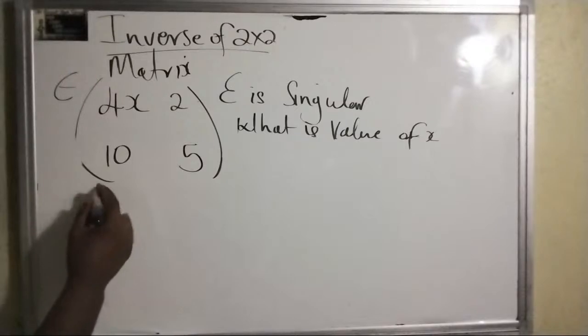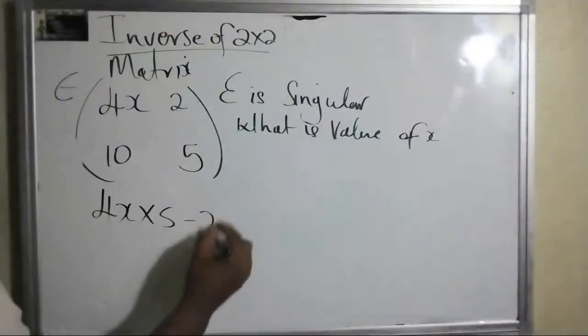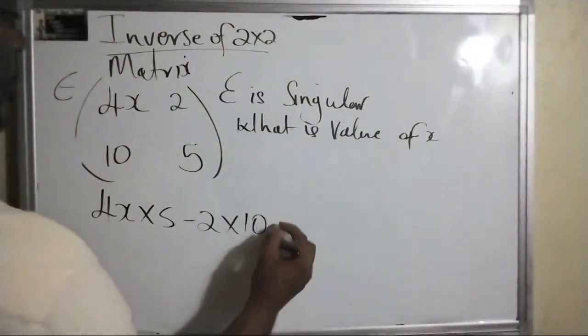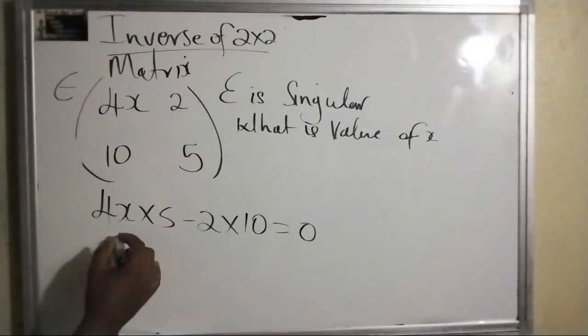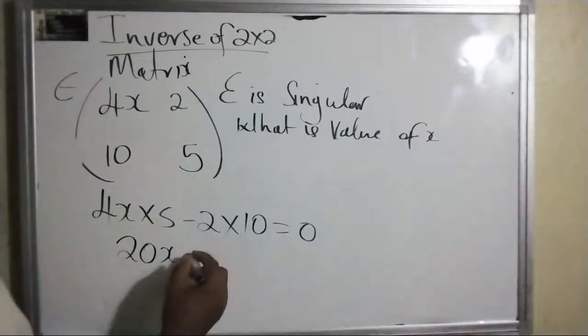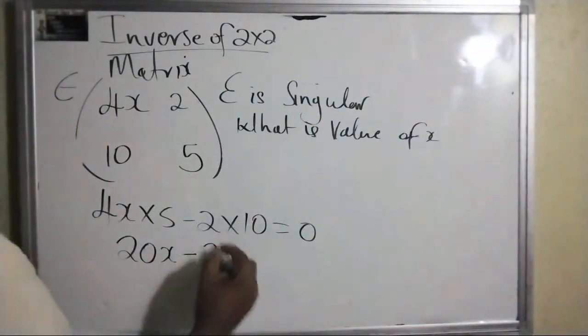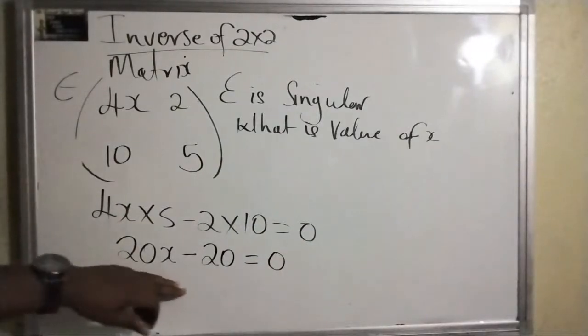So it's 4x times 5 minus 2 times 10. But remember what it equals to? 0. So 4x times 5 is 20x, minus 2 times 10 is 20, equals 0. Now we must solve for x.